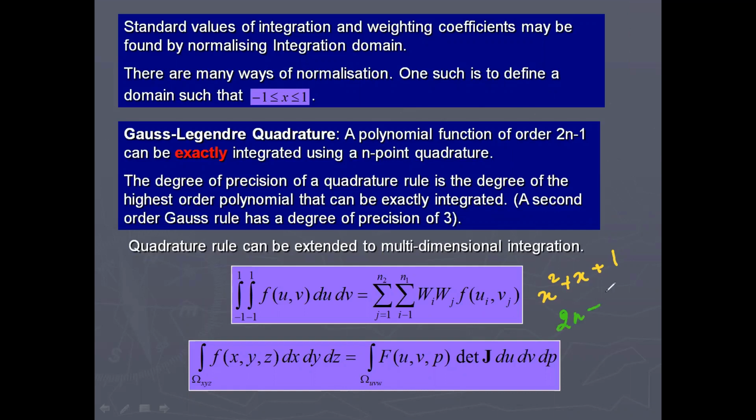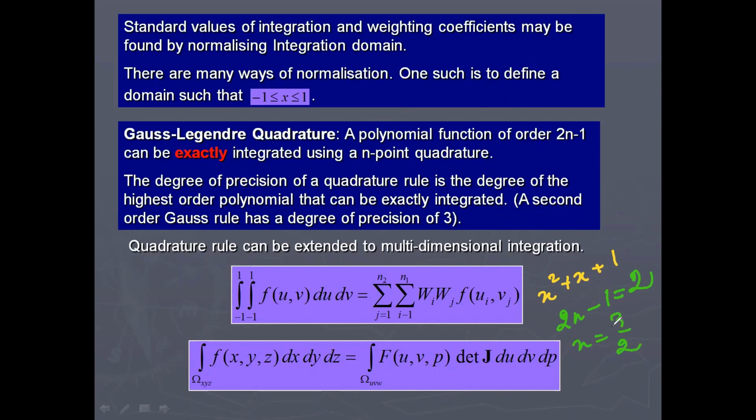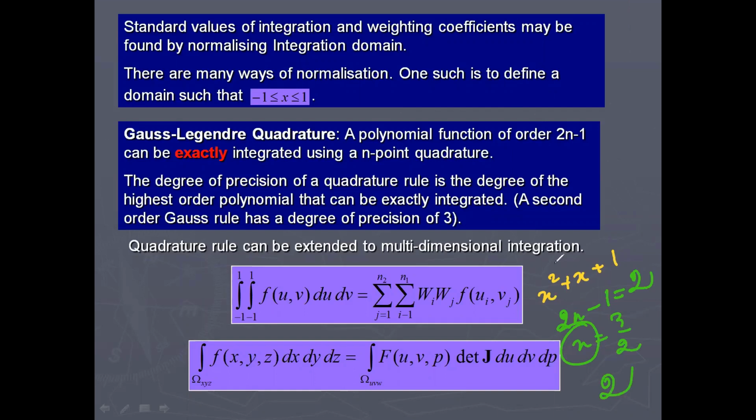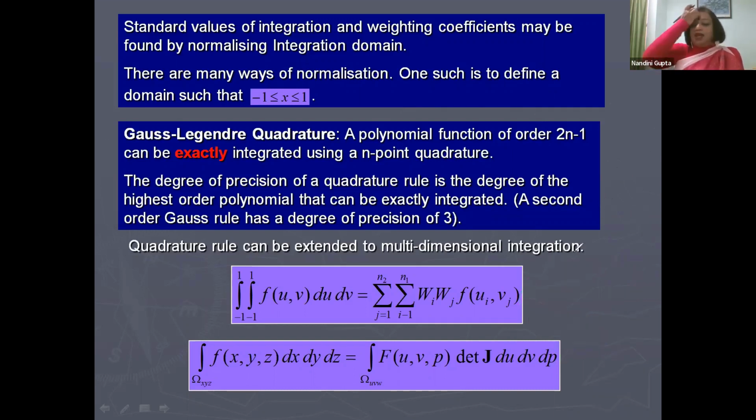So 2n minus 1 equal to 2, n equal to 3 by 2. So you have to use at least 3 by 2. You cannot use 3 by 2 because you have to use an integer value. So you have to use 2, correct. If you have a second order polynomial, you have to use a 2-point quadrature. If you have a linear polynomial, you can get away with a 1-point quadrature. So given the polynomial, you can get the exact value using an n-point quadrature.